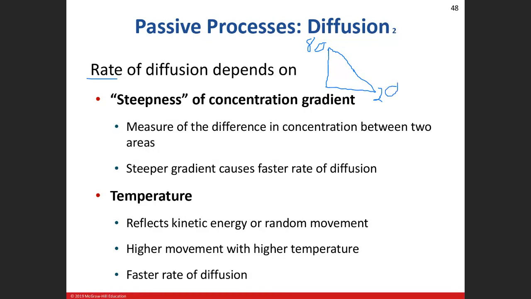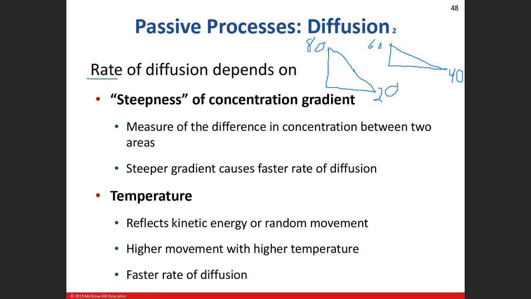Now we have a much less steep concentration gradient in which you have 60 and 40. They both still total 100, but you have 60 molecules of something here and only 40 here, so there's not much of a difference.